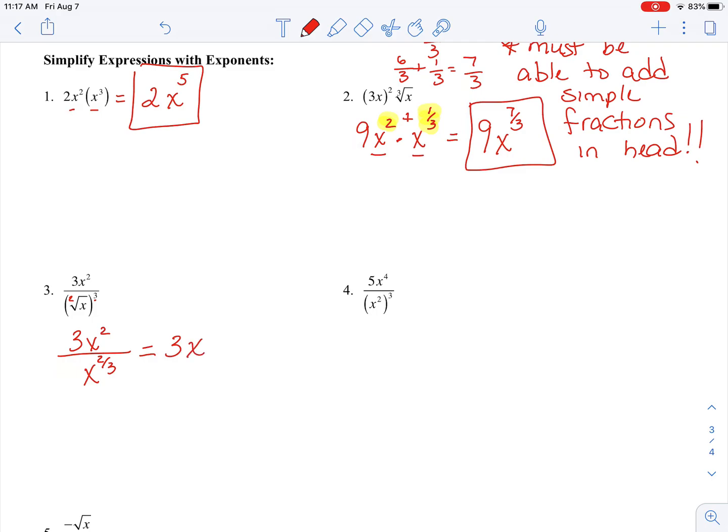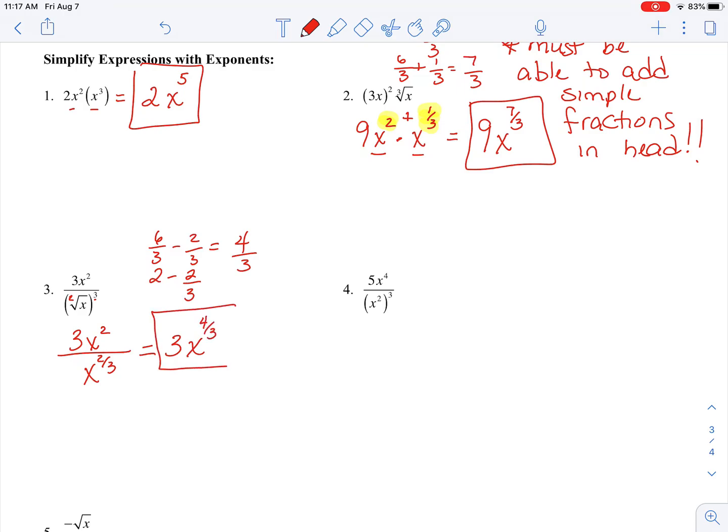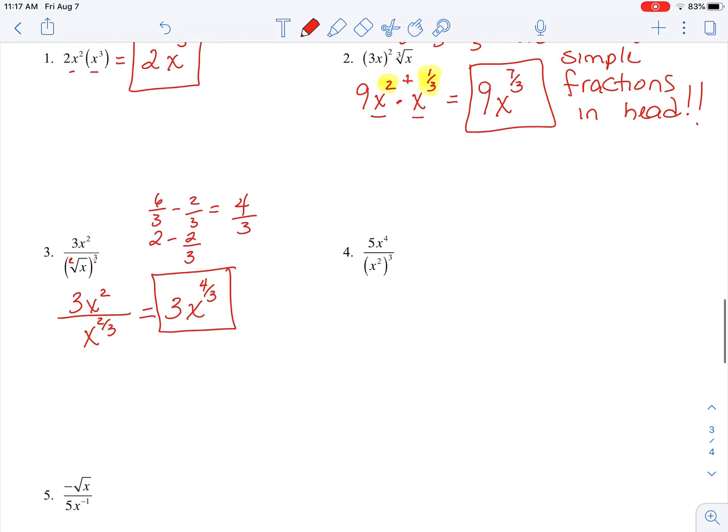So this becomes x to the, and again, I could separate it out, 2 minus 3/2. So I will have 4/2 minus 3/2, which is 1/2. And that's your answer.